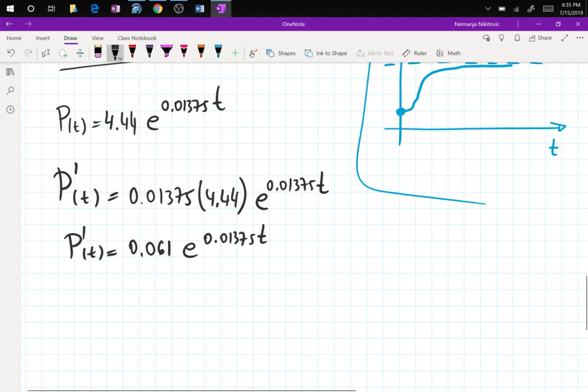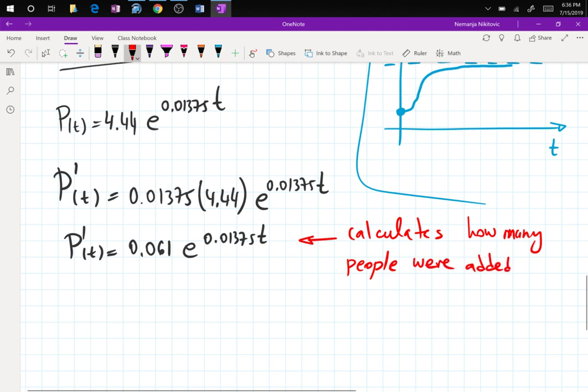Now, what does this calculate? Well, if you studied Calculus 1, then you know that derivatives calculate instantaneous change. So we can calculate how many people, as units, were added in a particular year. So let's write it here: calculates how many people were added in a particular year.